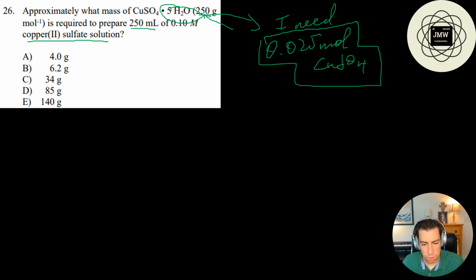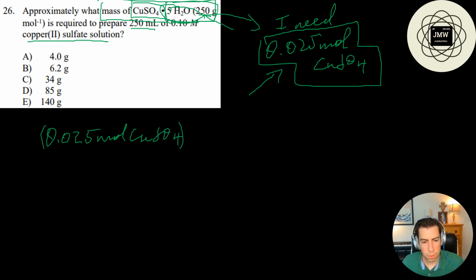All right, so here's the thing. Notice how they're asking approximately what mass of this guy is required. So I know that I need 0.025 moles of only the first part. Now, the problem is that the first part is connected to the second part. So what I can do is get an exact answer by saying, all right, I need 0.025 moles of this, right?